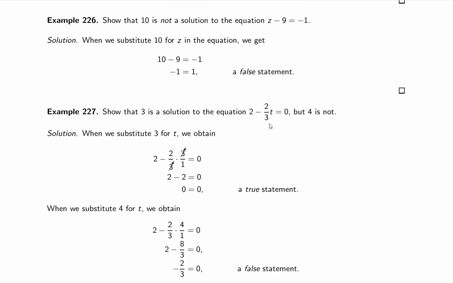How about this one with fractions? Show that 3 is a solution to the equation 2 minus 2/3 times t equals 0, but 4 is not. So we first replace t with 3.